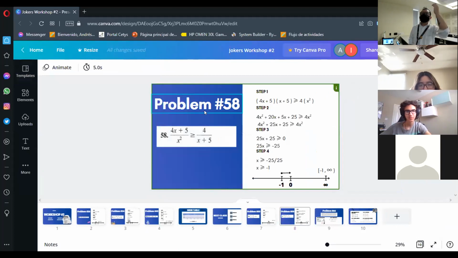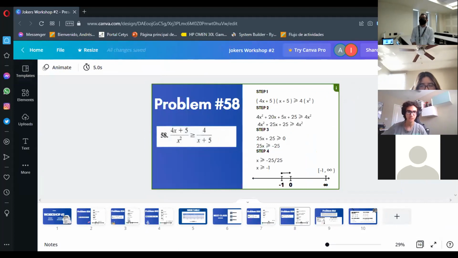So in problem 58, here's the inequality: (4x + 5) divided by x to the second power is greater or equal than 4 divided by (x + 5).